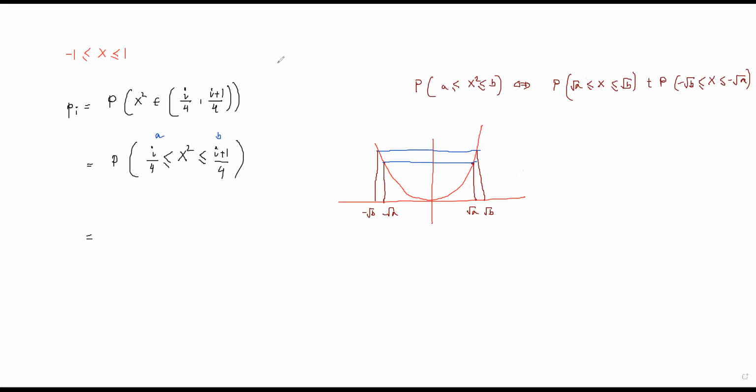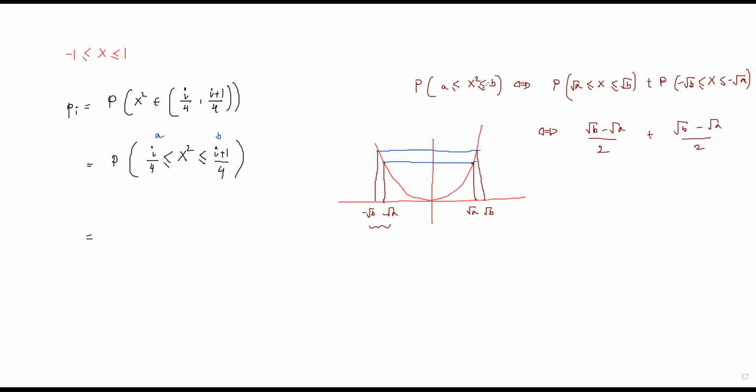Since X is uniformly distributed, the probability is this length by the total length, and the other length is also the same, root b minus root a, over 2.